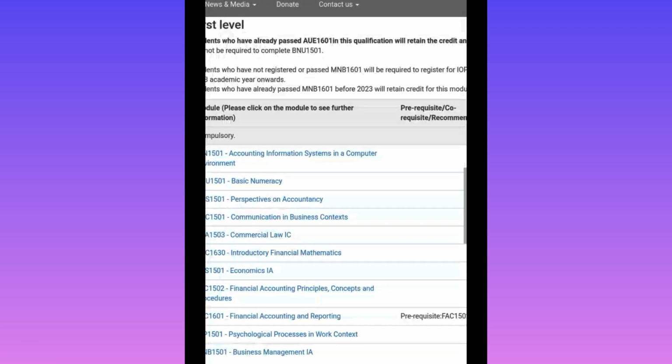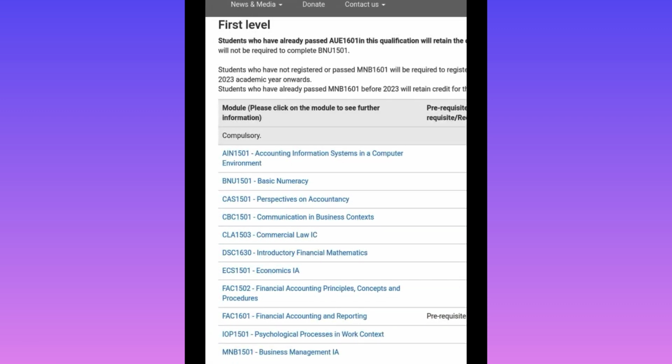So what it means is you have to make sure that you pass this introduction to accounting, and once you pass it, you are going to use that information, or it's going to help you when you are doing financial accounting and reporting. So the secret behind financial accounting modules, they follow a sequence.